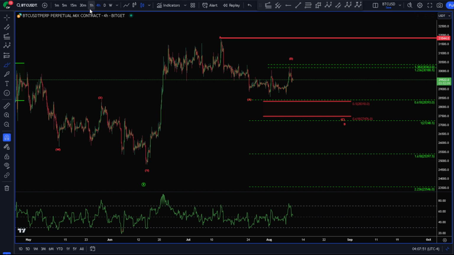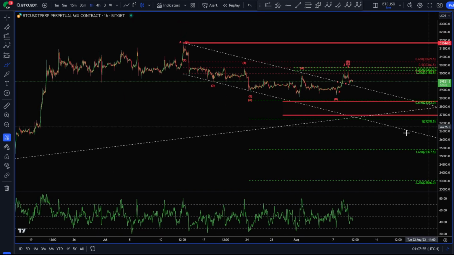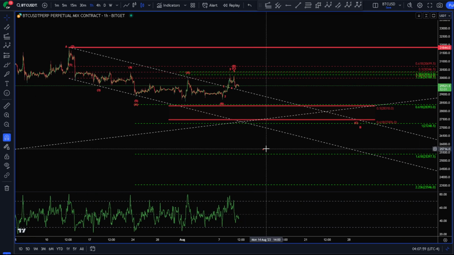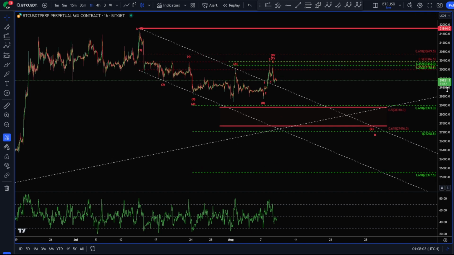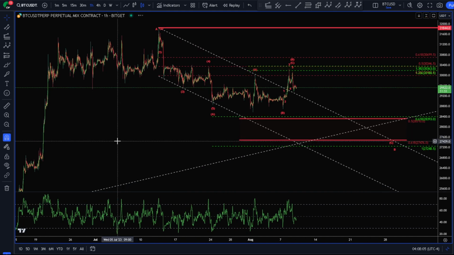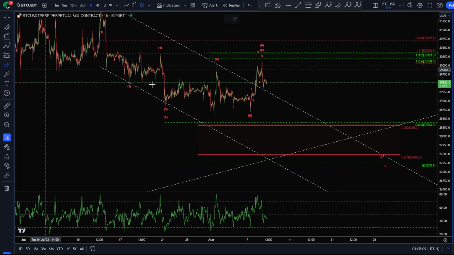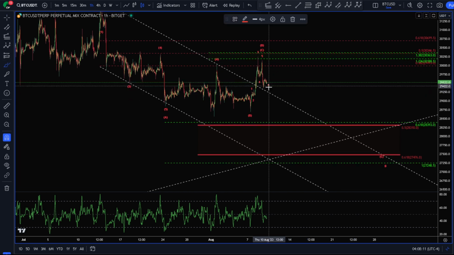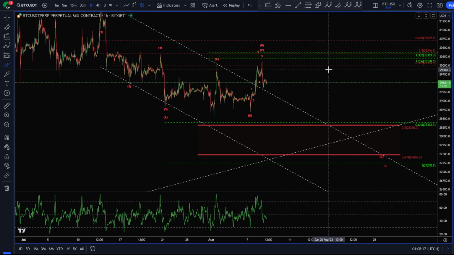Now zooming in even closer, this is where we can start to look at our trade setups. First of all, I have a 5-wave move down, and we're looking for a 5-wave move off of here. 3, 4, 5 to complete our B wave, our larger B wave.